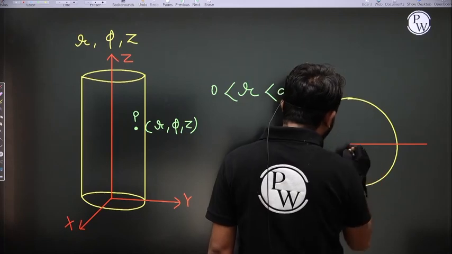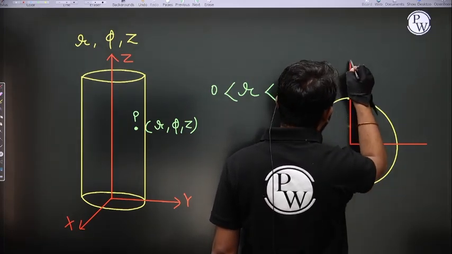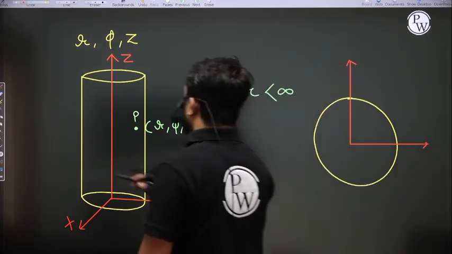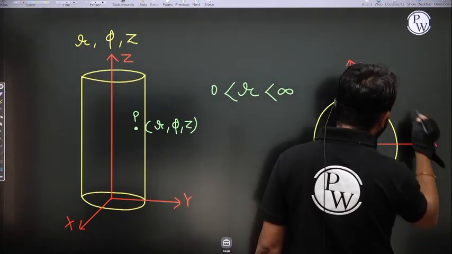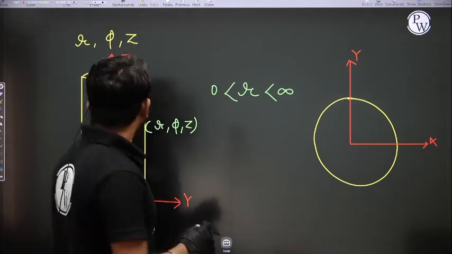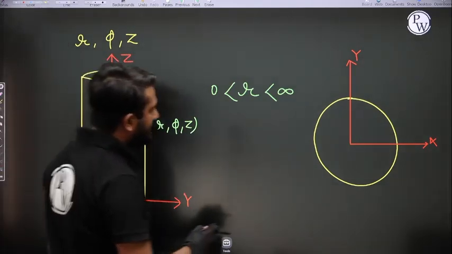I am talking about the xy plane now, and in the xy plane a circle is observed. Okay, now this is the x-axis and this is the y-axis. Fine. I fix the radius. So radius is fixed.